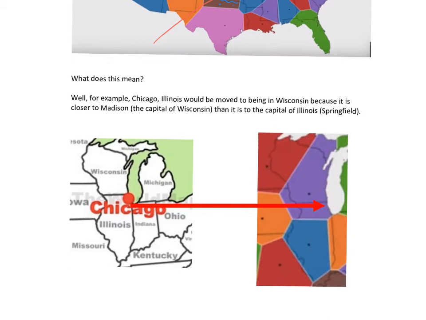It would be Chicago, Wisconsin, because actually Chicago is closer to Madison, the capital of Wisconsin, than it is to the capital of Illinois, which is Springfield, right? So Chicago is in Illinois, and Illinois' capital is Springfield. But Chicago isn't actually that close to Springfield. It's closer to Madison, Wisconsin, which is another state.